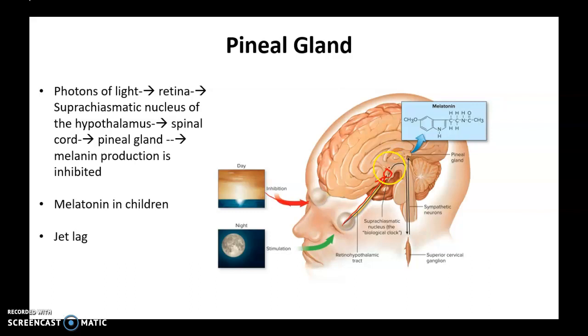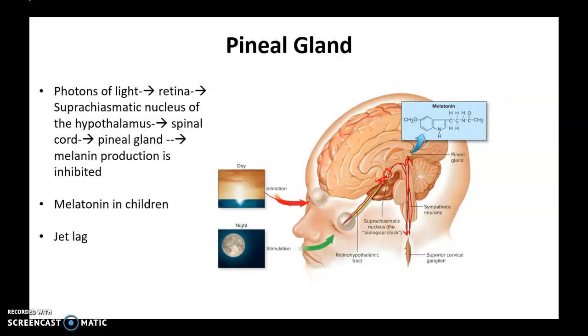So from here, the nerve impulse goes to the spinal cord, and eventually to the pineal gland right here, where the production of melatonin is inhibited. As a result, blood level of melatonin falls, promoting wakefulness.